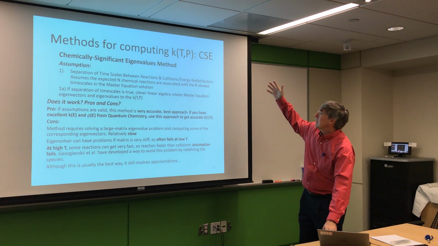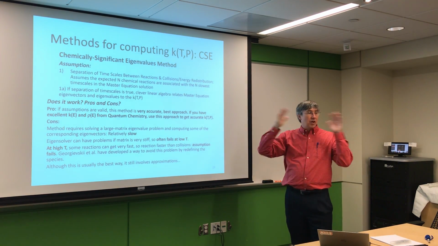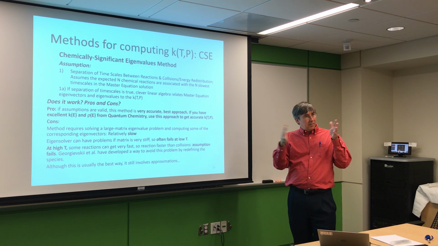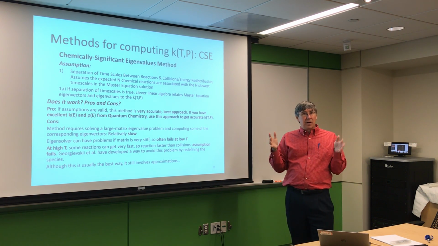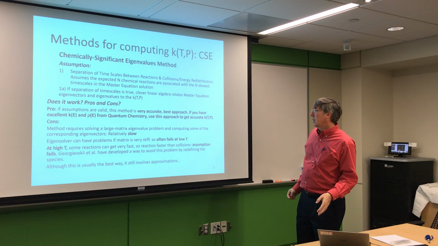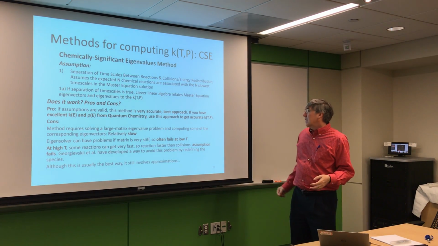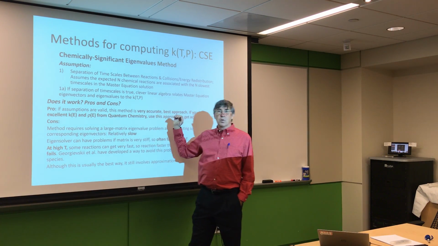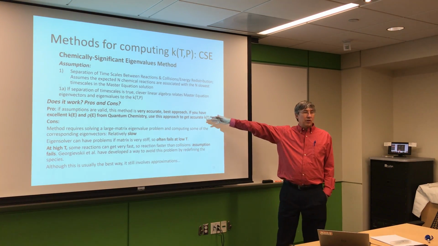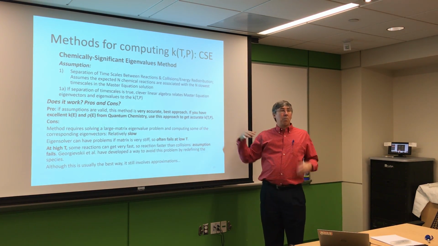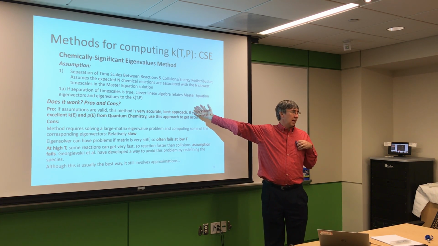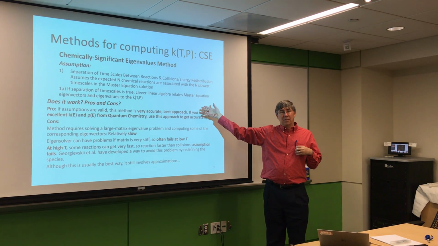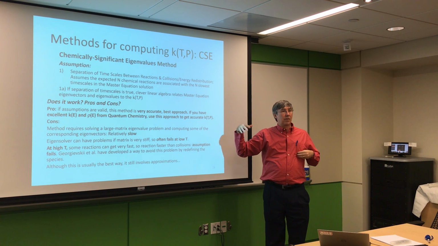The CSE method instead does an eigenvalue analysis of this giant matrix equation, and then there's a clever linear algebra trick that you can use to construct what the K should be. And so if you have really great k of E's and rho of E's from quantum that you really believe are really great, you definitely should use the CSE method. So if you're doing it by hand, I would recommend you always use CSE as your first try, because you preserve your accuracy.